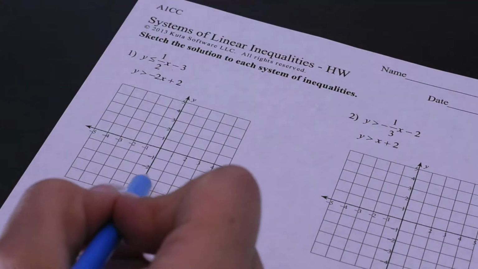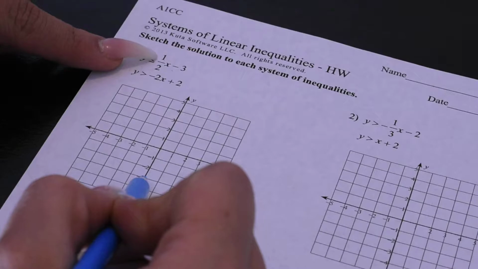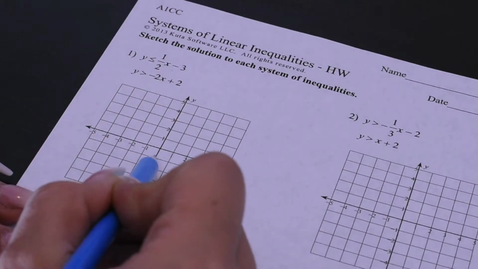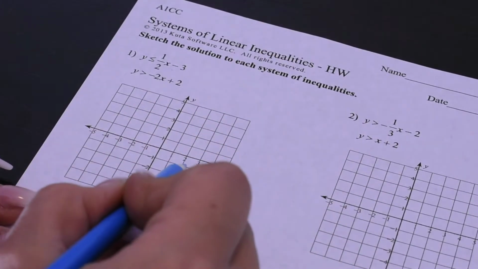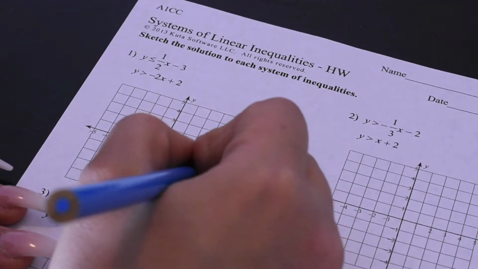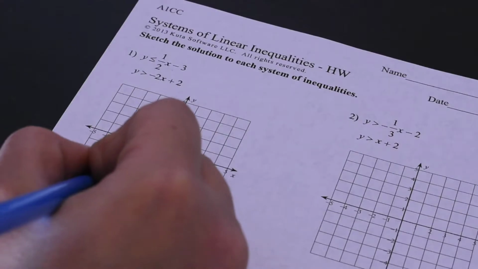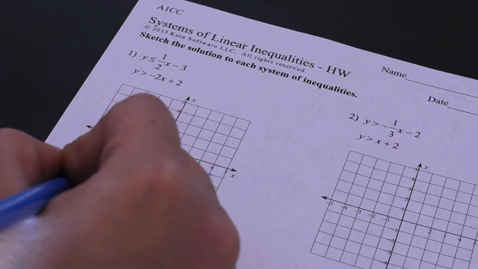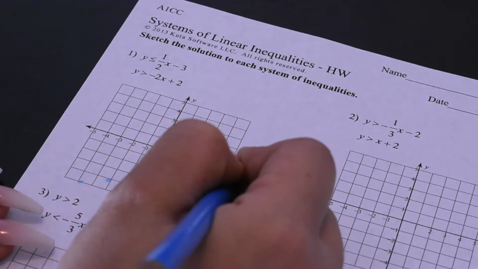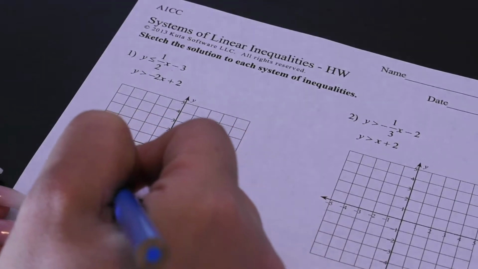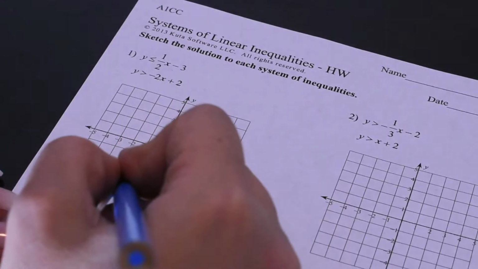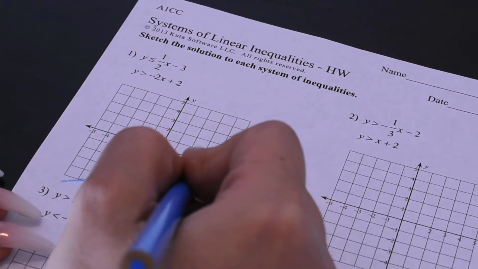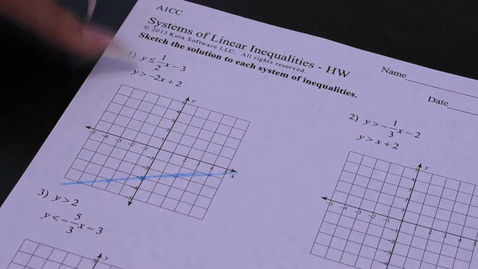My slope is +1/2, so I go up 1 over 2 and make another dot, up 1 over 2 again, then down 1 over 2 on the other side, and connect it. I know it's a solid line because it's less than or equal to.